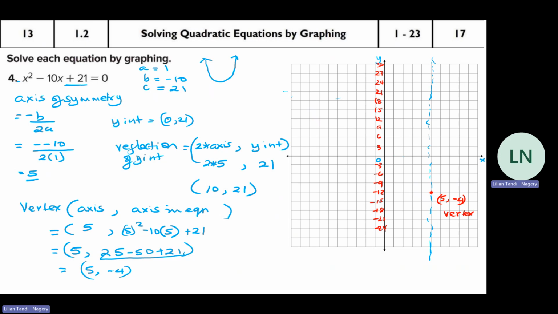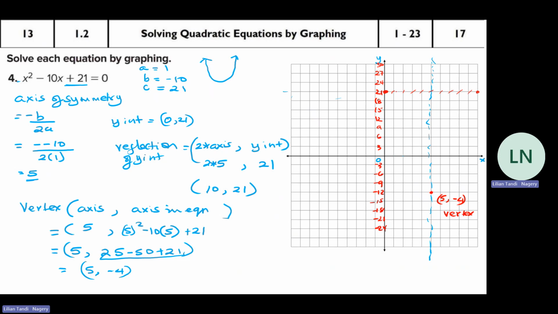All right, so I want 0, 21 here. And then I want 10, 21 here. How do I know? 1, 2, 3, 4, 5. I count another 5 from here and put a dot. 1, 2, 3, 4, 5.